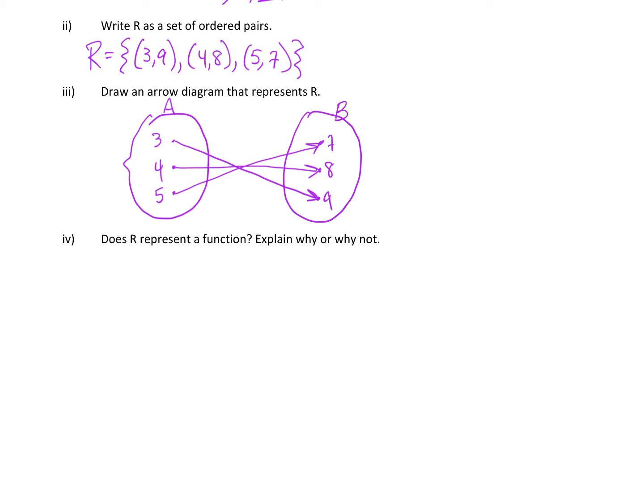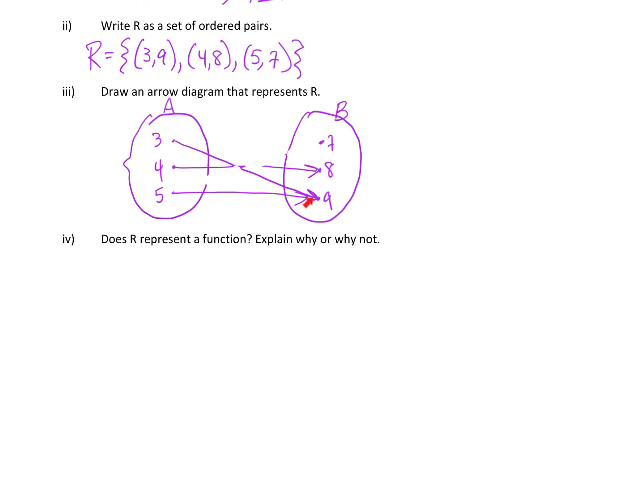One place where people often get confused is if two elements of the domain go to the same element of the codomain. So for example, let's say 5 didn't go to 7, but 5 were paired with 9. Okay. So in this case, 5 is only paired with a single element of the codomain.